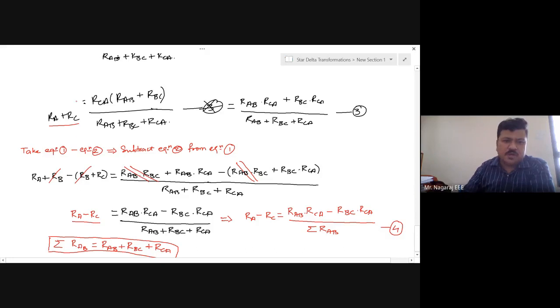So if I add or subtract equation 3 and equation 4, I will eliminate one term in the LHS. I will get only one term. If I add, I will get the RA term in the LHS. If I subtract, I will get the RC term in the LHS. So this gives one equivalent star connected resistance from delta connected resistances.